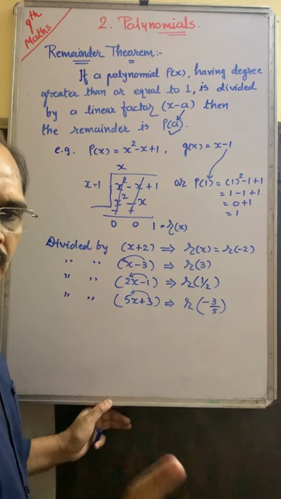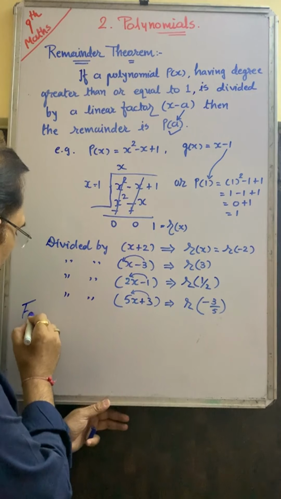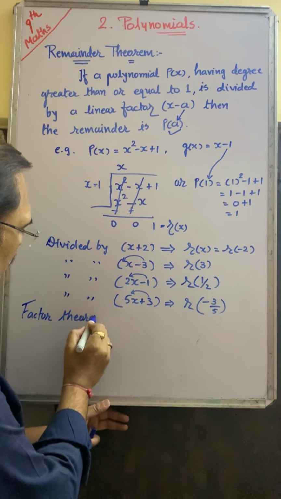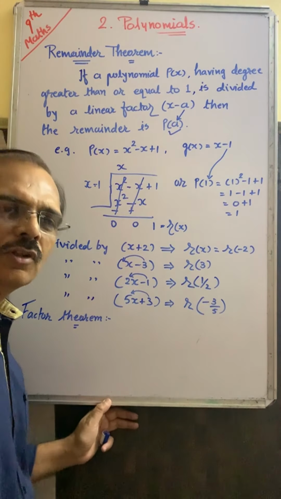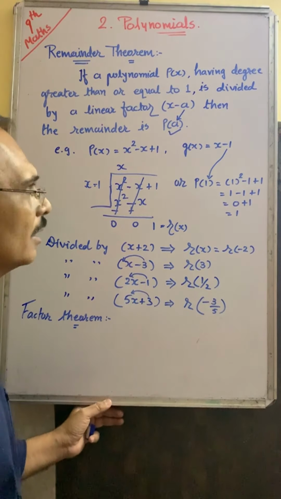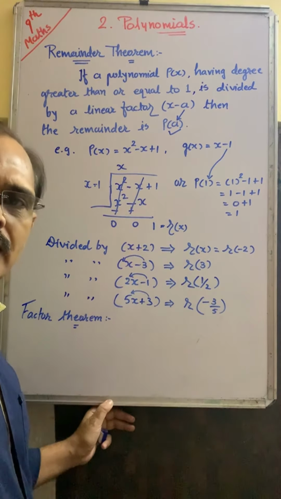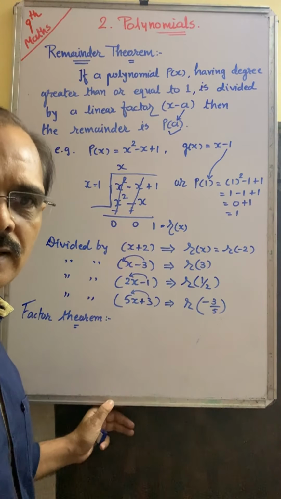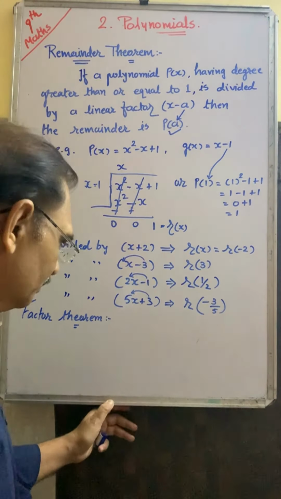Okay? Remember one thing also, factor theorem. If a polynomial is given and a polynomial is divided by another linear factor like x minus a, and then if you find the remainder, if the remainder is 0, then x minus a is called factor of the given polynomial.